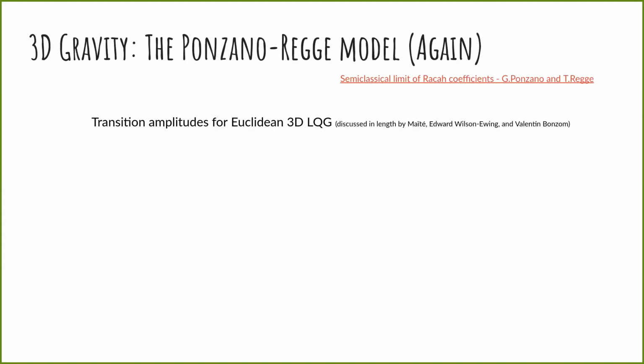Okay, so let me start with the first part of the talk, about actual numerics. And let me start with the Ponzano-Regge model. Once again, we already saw the Ponzano-Regge model at least three times in this school: first from Maite, then it was named and used also by Valentin, then a little bit of it, especially from the classical point of view, by Hal yesterday.